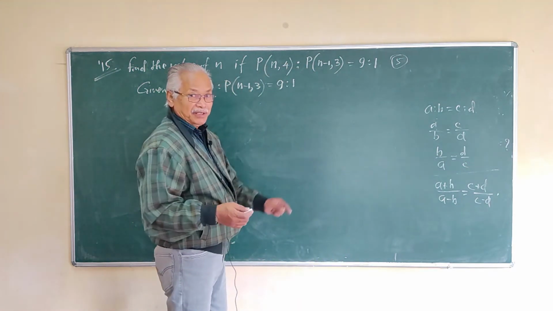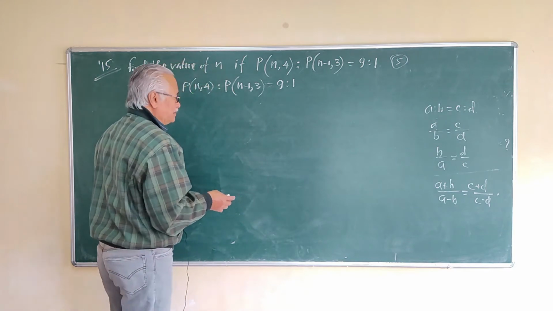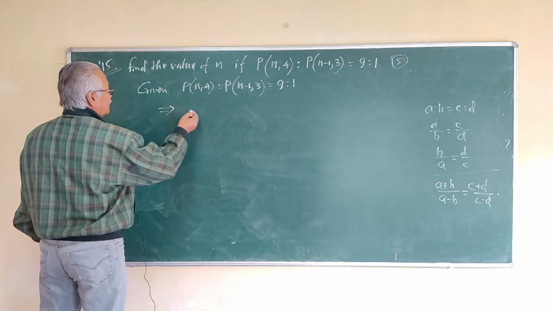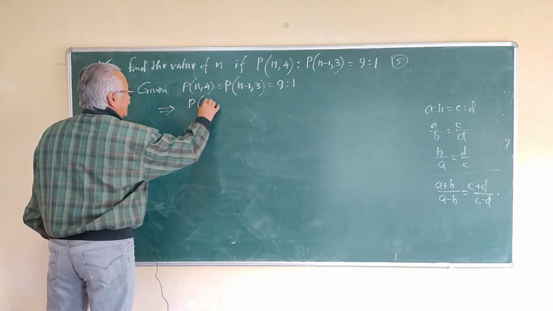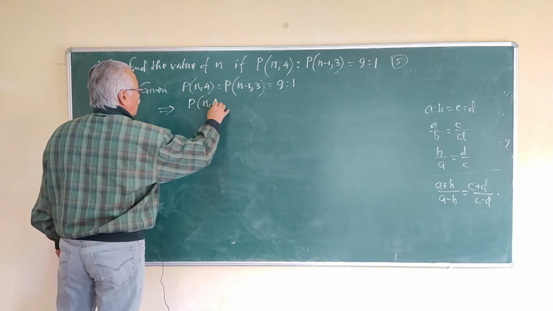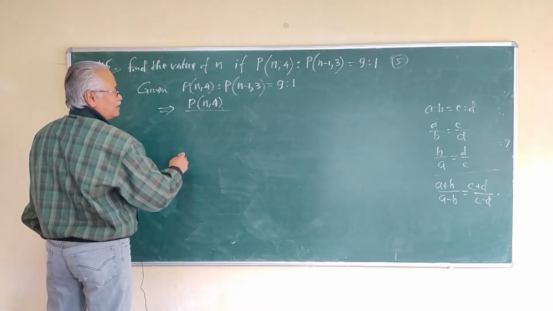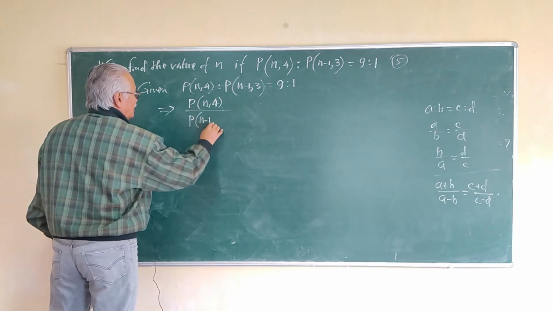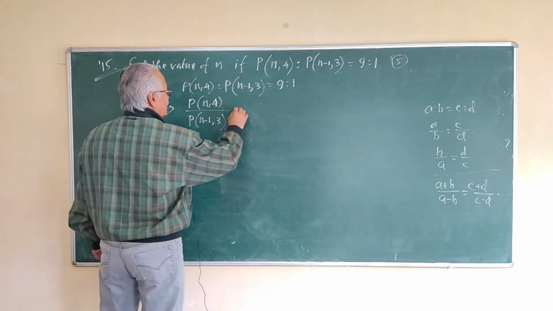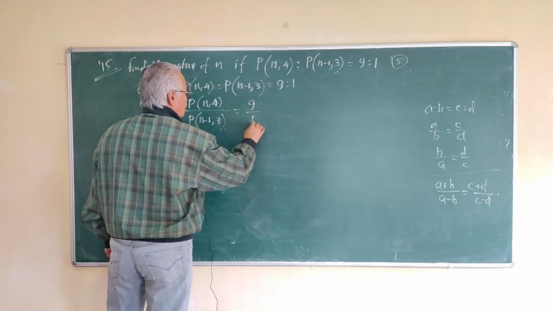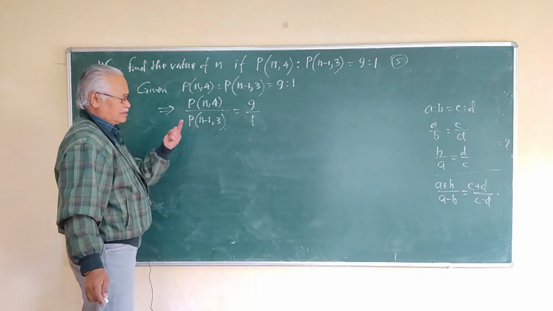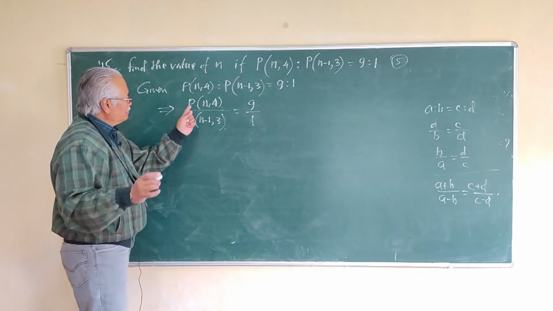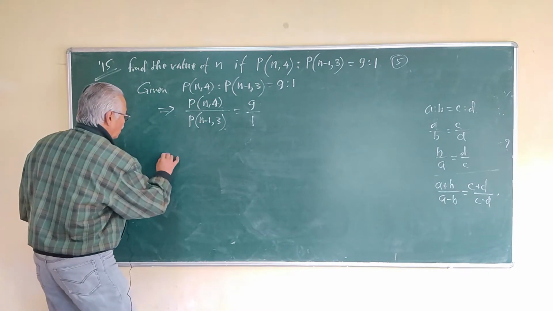And you must have enjoyed it also. All right. Now, therefore, what does it indicate? P n4 divided by P n minus 1, 3 will be equal to 9 upon 1. Now let's try to define what P n 4 is all about.